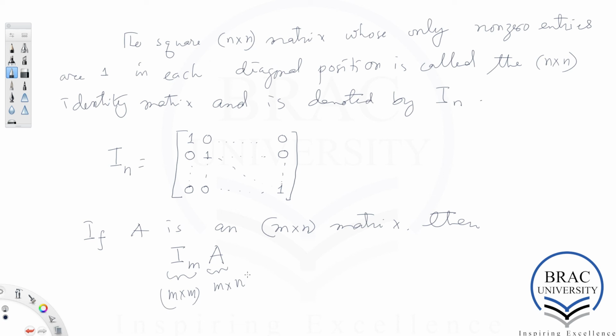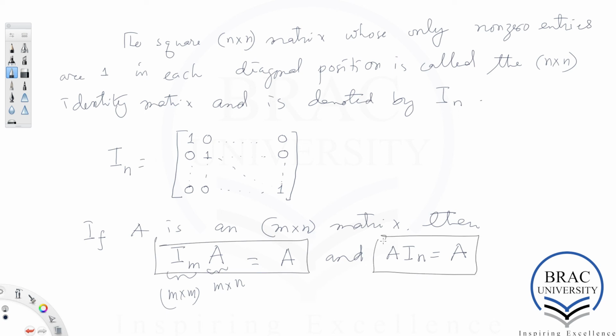Okay, and this is going to be the same as A, which is of course of size m times n. Okay, and A times I sub n is going to be A as well. Okay, good. So there are n number of rows here, and there are n columns here.